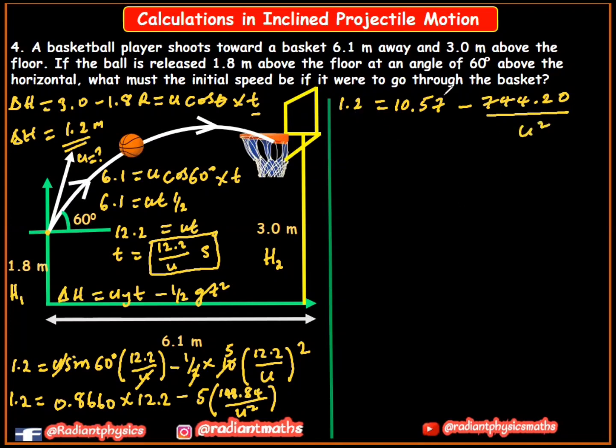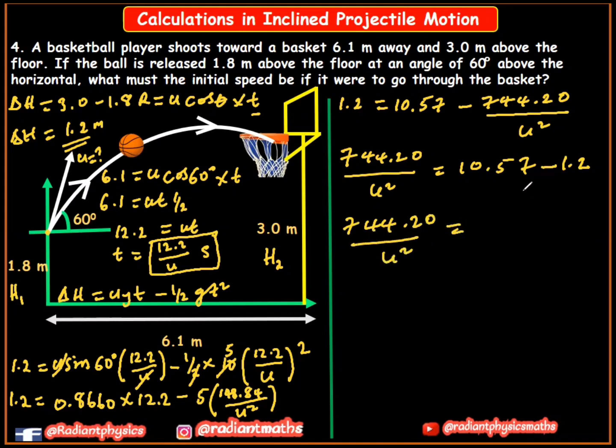Now we need to collect the like terms, moving this value, because it's with the u that we are looking for, to the left hand side, and then this 1.2 comes to the right hand side. And if that happens, this becomes 744.20, the negative sign is gone, over u squared equal to 10.57. This is coming here now, it becomes minus 1.2. So we have 744.20 over u squared equal to 10.57 minus 1.2.